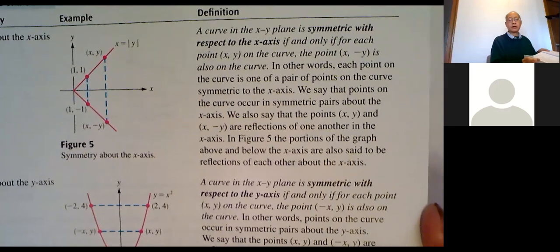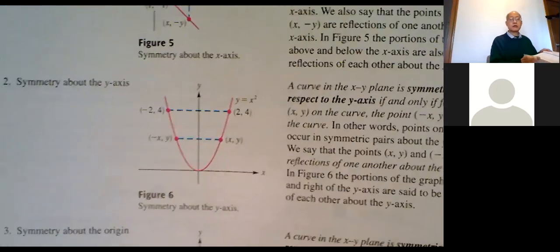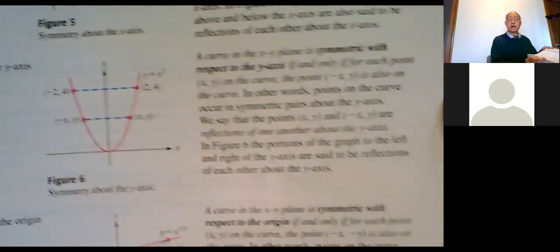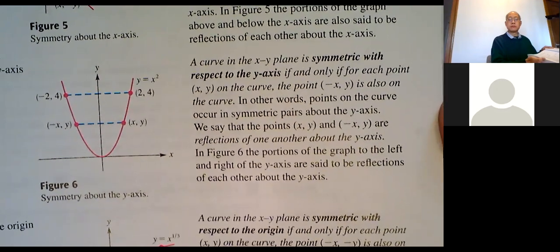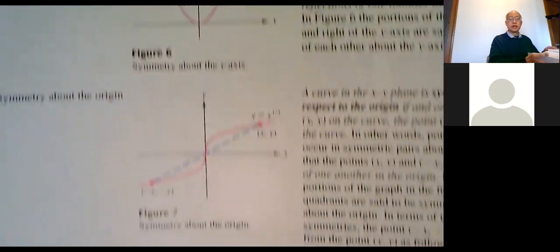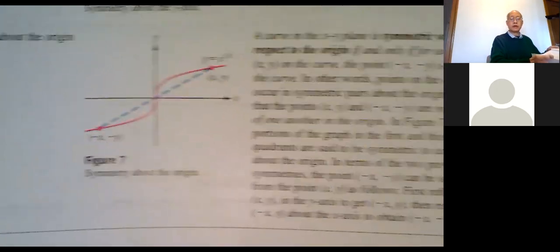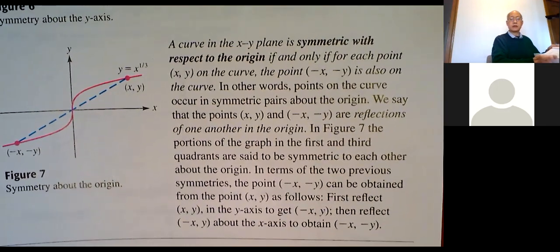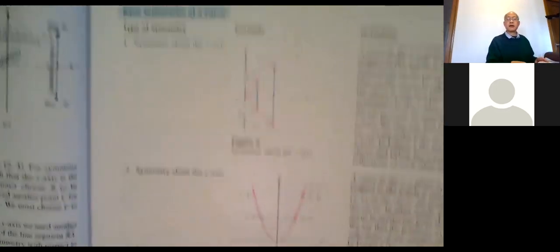Well, if you know what's going on, you don't have to read it. If you don't know what's going on, then I would say read it. Then symmetry about the y-axis, number 2, and there's a description. And then symmetry about the origin, figure 7, and there's a description on that. Got to put the book down because it's heavy.